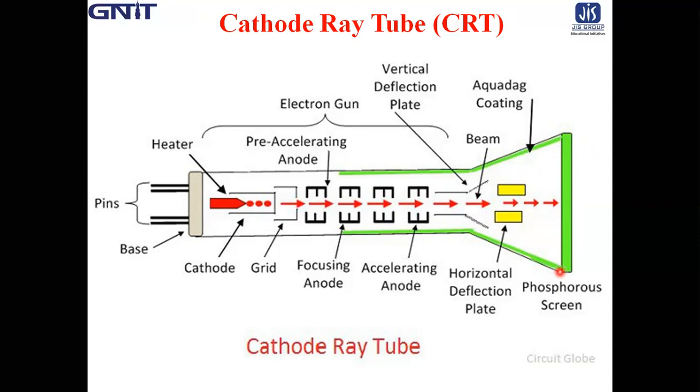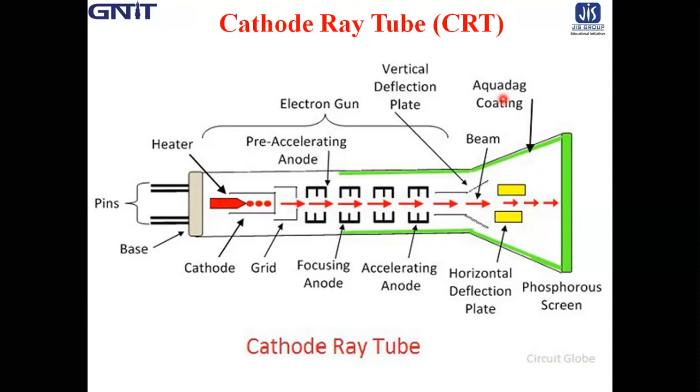A conducting material, normally graphite, called aquadag, is coated within the inner walls of the CRT between its neck and skin.